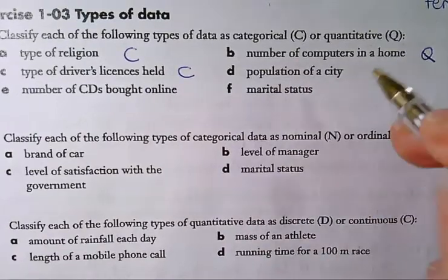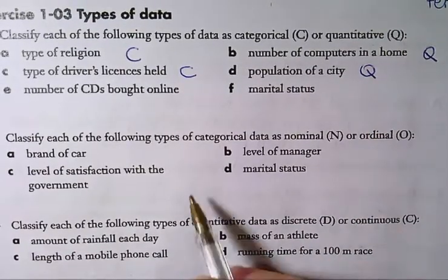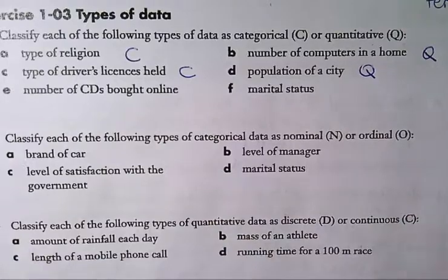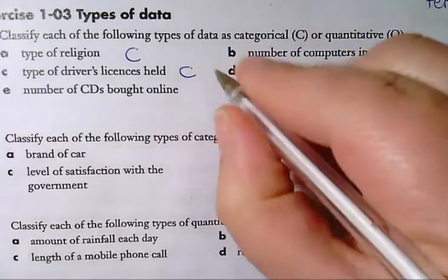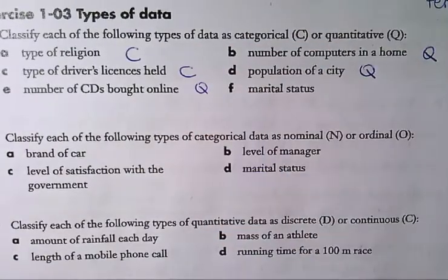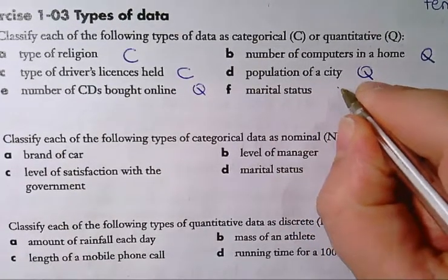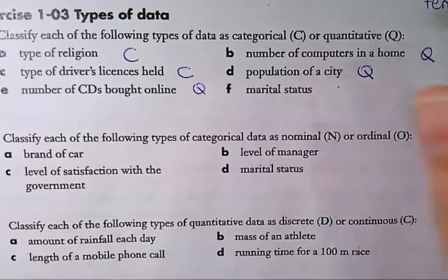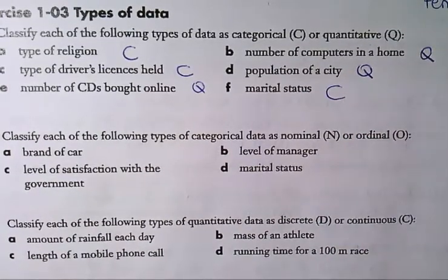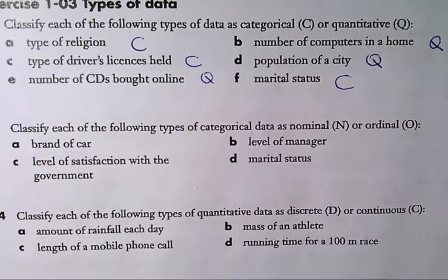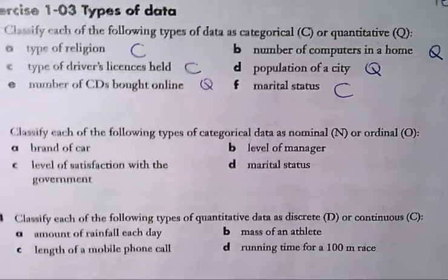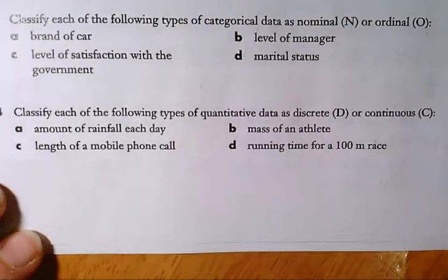Population of a city, you would give me a number, so that's a quantity. Number of CDs bought online, you might tell me you bought 20 online. That would be a quantity. And marital status, married, single, etc., would be a category. So they're categorical and quantitative. You've been doing those for a few years now, so there should be no problem there.